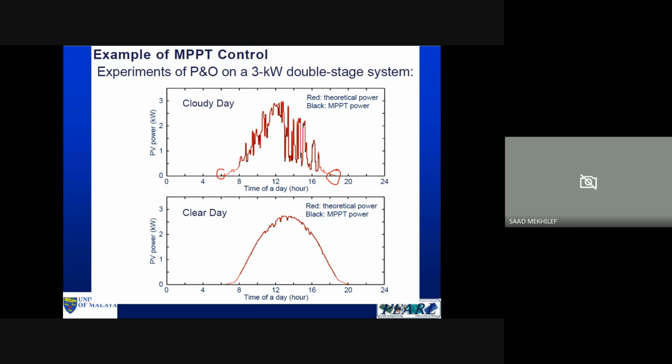You can see here the algorithm is activated only after a certain amount of power, because maybe the power is too low here. Also, the power drops quite low, so it disconnects.